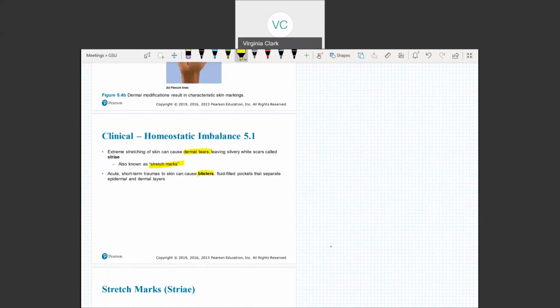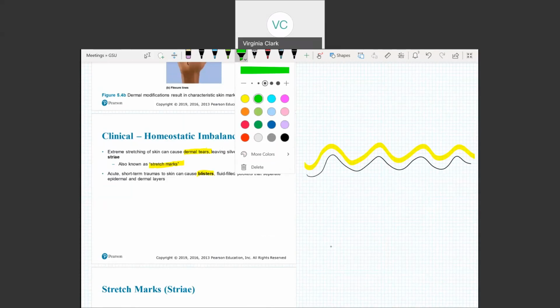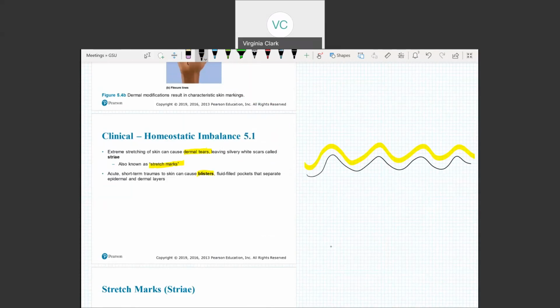And then blisters are where you actually, rather than having your dermal papillae like this, where you've got your epidermis on the top and your dermis on the bottom, what you're actually going to do is you will separate these two and you will create a pocket of inflammation.